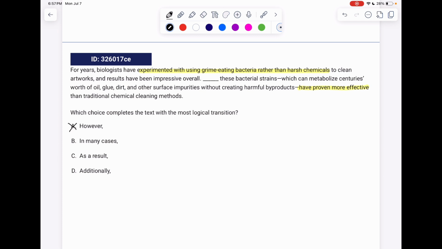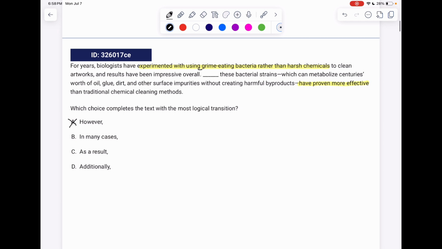Now, B says in many cases. So the first sentence claims that using the grime-eating bacteria led to impressive overall results. The second part claims that they have proven more effective. Again, those are saying the same things, right?